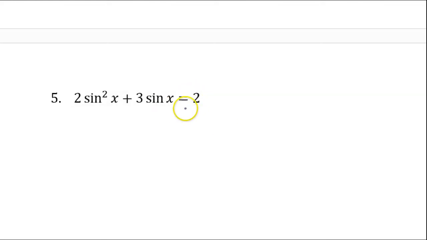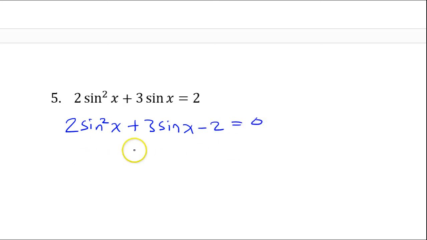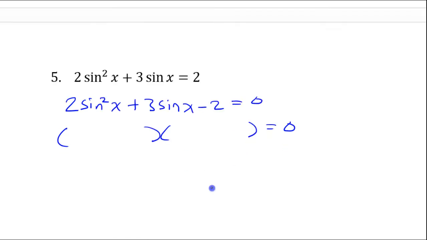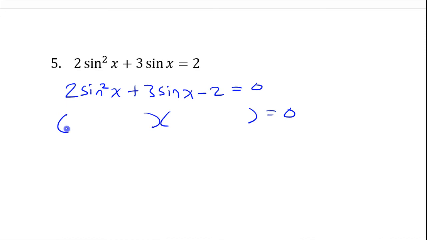So let's go ahead and factor this. If I get 0 on one side by subtracting 2, then I will have 2 sine squared x plus 3 sine x minus 2 is equal to 0. I'm betting that this is factorable. My money is on factorable. 2 sine squared x could factor as 2 sine x times sine x.